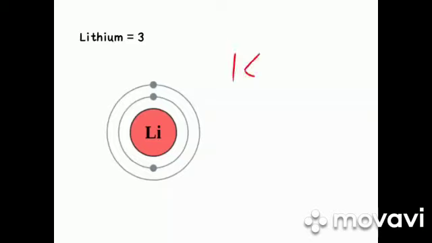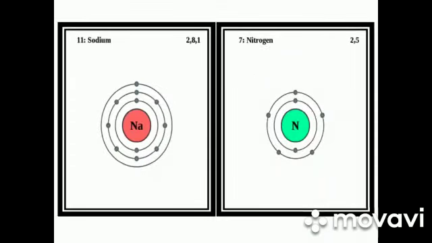So K would have 2, and the third would go to the next orbit, that is L. So L would have 1 electron. Then we have sodium. The number of electrons in sodium is 11. So K would have 2, then L would have 8, that is its maximum capacity, and the last one would go to the third orbit, that is M orbit. 2, 8, 1 would be its configuration.